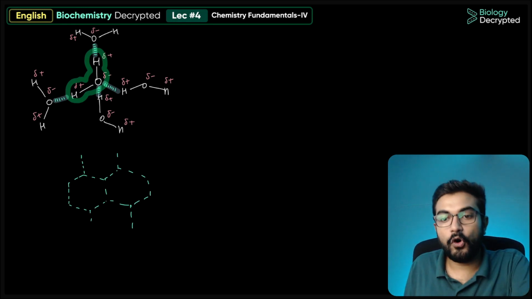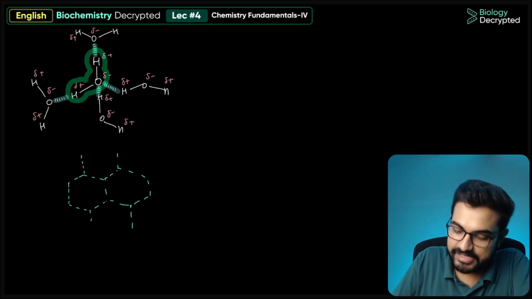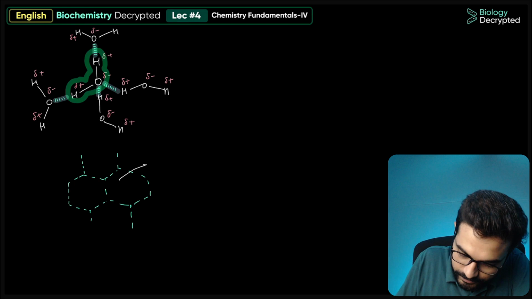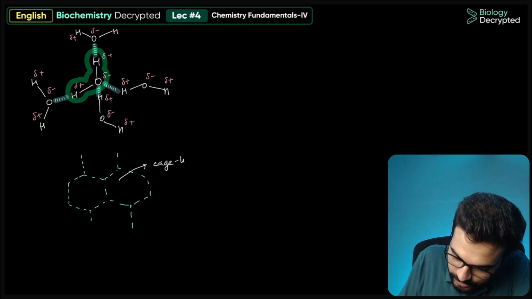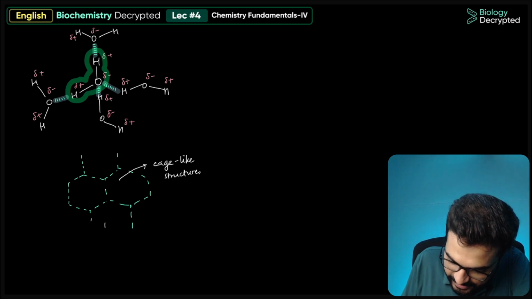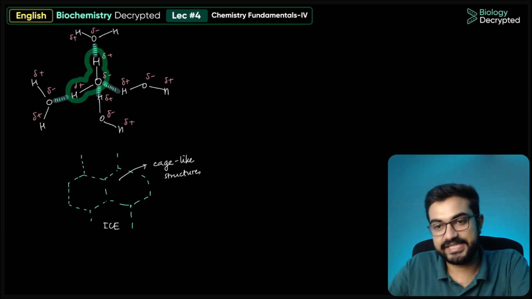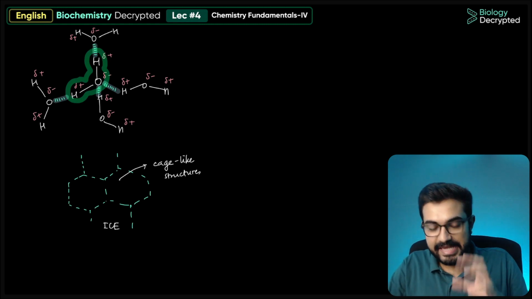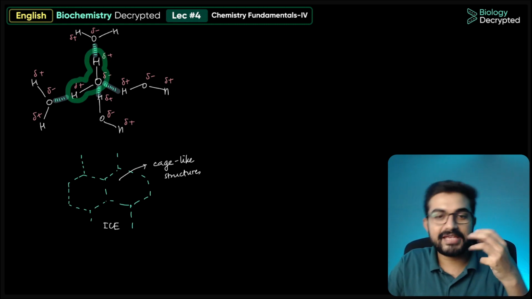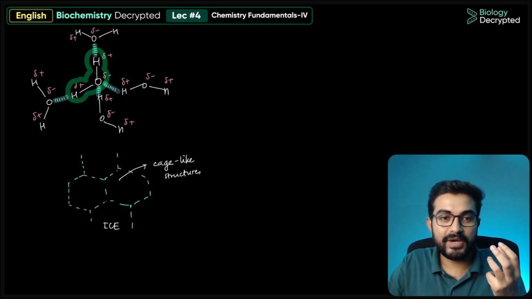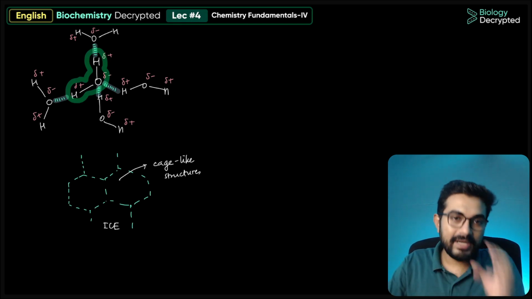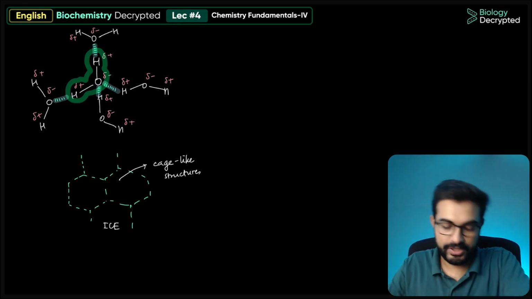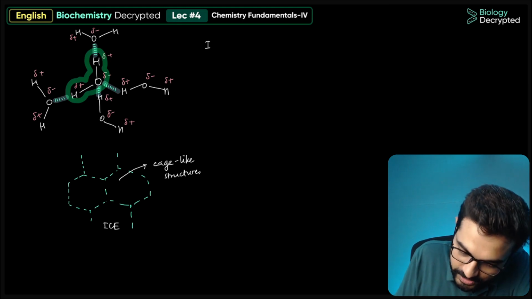These kind of ordered cage-like structures are formed in case of ice. Whenever we have ice, there are cage-like structures, and what is stored in these cages? Actually, it's air. And this is why ice has a lower density as compared to liquid water. Now, talking about ice.